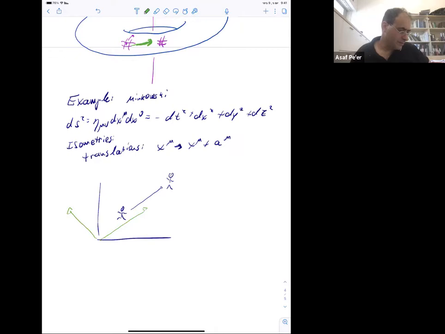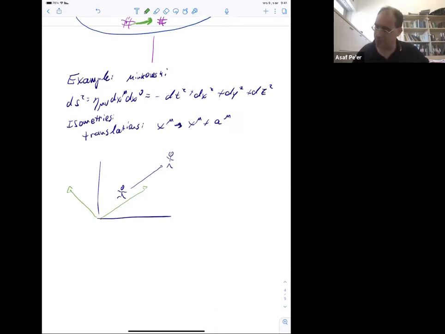So that's an isometry. Another isometry, besides translation, is a rotation, x mu goes to lambda mu nu x nu.